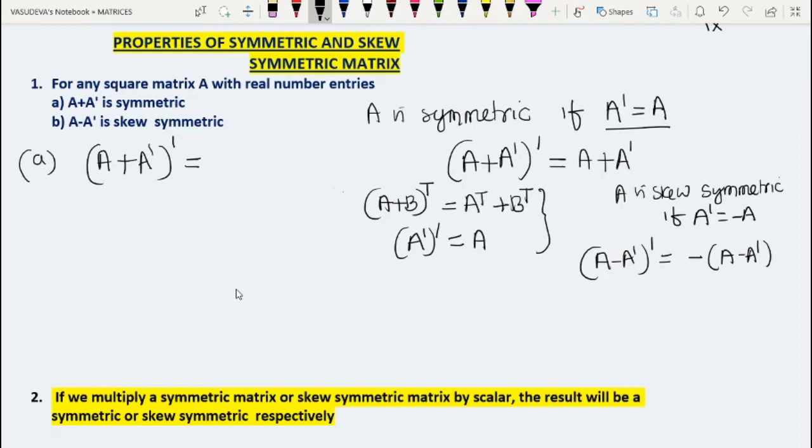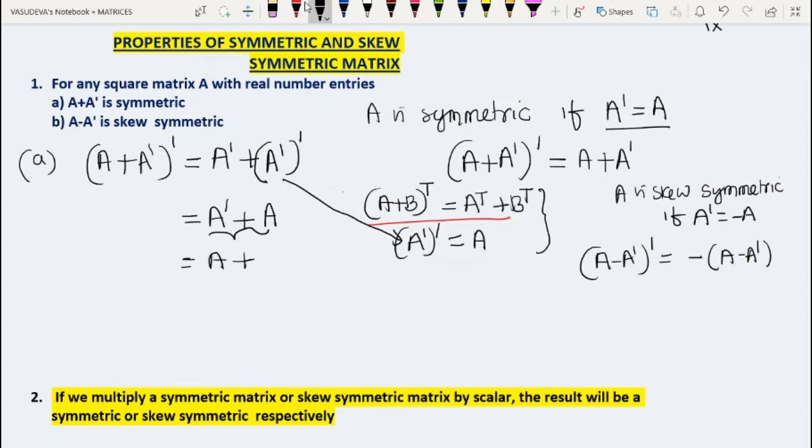So now A plus A dash whole dash, taking this property, can be written as A dash plus A dash whole dash. Again, from the other property, A dash plus A dash whole dash can be written as A dash plus A. We know that addition of matrices is commutative, that means A plus B is equal to B plus A. Therefore, A dash plus A can be written as A plus A dash.